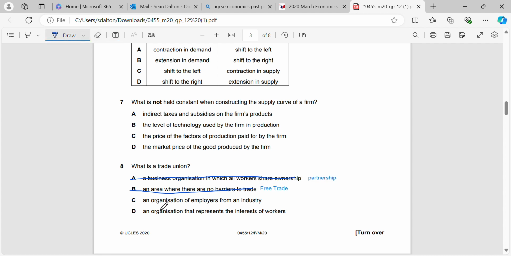Is it an organization of employers from an industry? No. Trade union involves workers, not employers. They bargain with the employers, but it's an organization of workers that will represent their best interests. So they'll try and get better health and safety conditions for their workers, and they'll try and get better pay for them too.